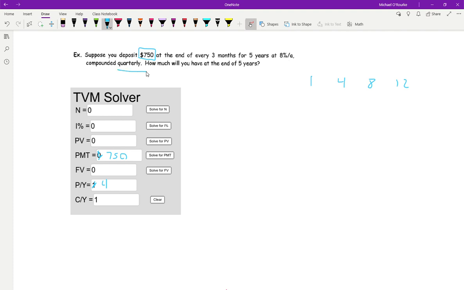And plus it says quarterly right here. So those two are going to be 4. Okay, 8% interest. Now to find our end value, we're quarterly, so that's 4 times our years, which is 5. So this number here is going to be 20.